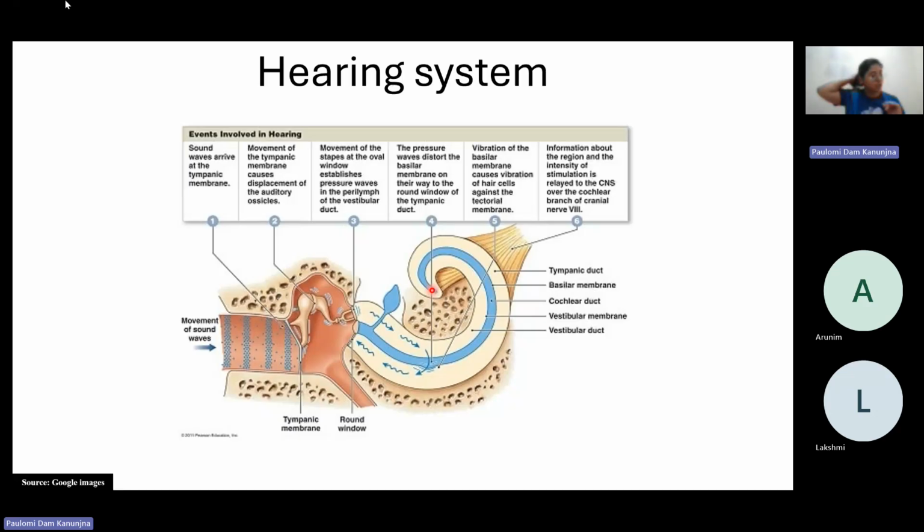So you have base, which is near the oval window, and apex, which is near the center of the spiral. Now, why these two differences? The one at the base is narrow, and as it goes towards the apex, it becomes wide and flexible.